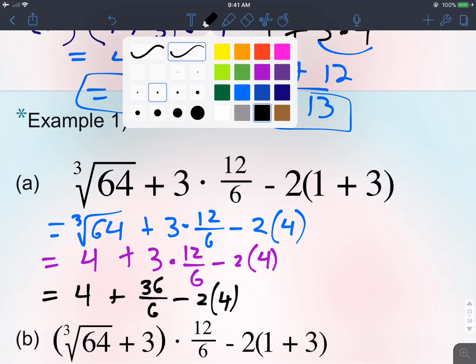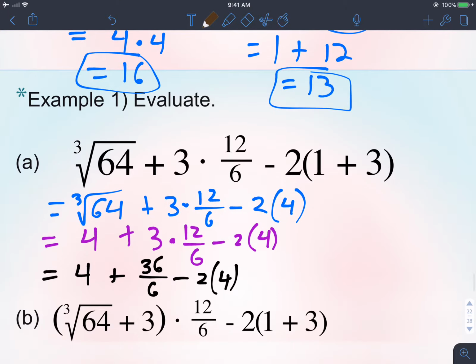I'm writing out every step, but you might not have to do that if you kind of think of it and you do 36 divided by 6 in your head, right? But we'll just do it one step at a time. What would you like to do next?